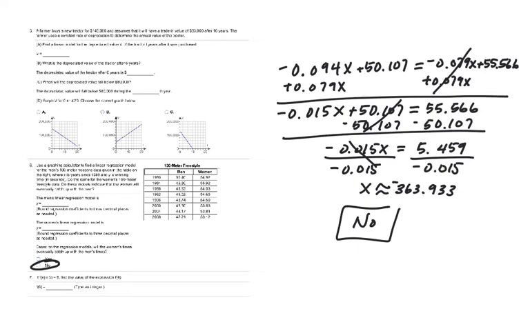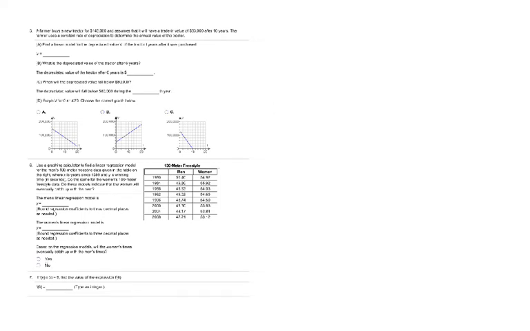Okay, let's look at number 7. Number 7 says if f of x is equal to 3x minus 8, find the value of the expression f of 6. So if we're finding the value of the expression f of 6, this just means that if x is equal to 6, we're going to find the value of y that corresponds.